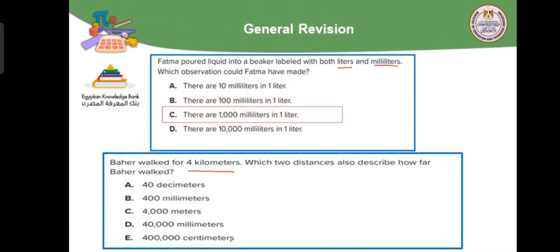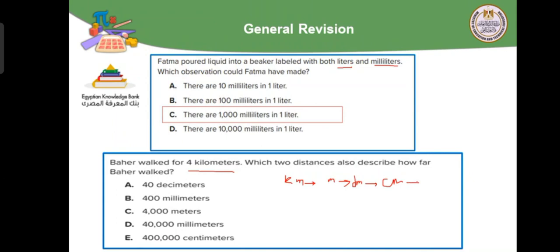Remember together: kilometer, meter, decimeter, centimeter, millimeter. Don't forget this order.